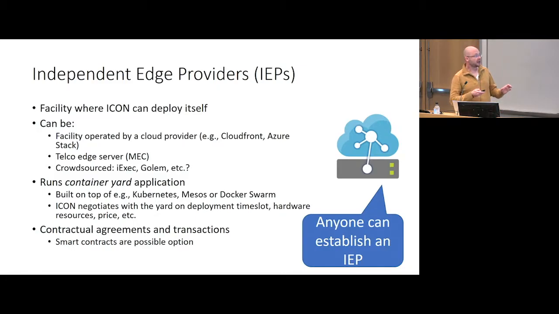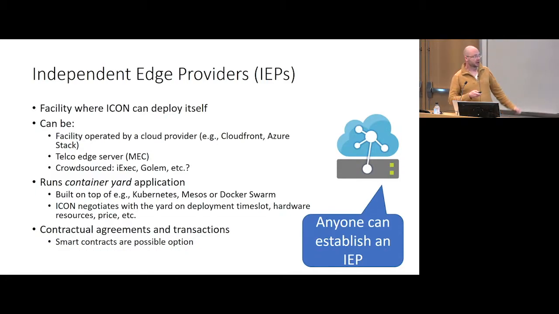So internally, an independent edge provider is built on top of Kubernetes, Mesos, or there are many good cluster management frameworks. But what they miss is a service that some container coming from outside might contact and negotiate on its deployment slot, negotiate on required hardware, price, payment methods, and so on.